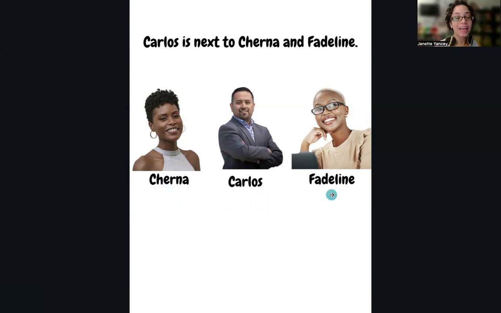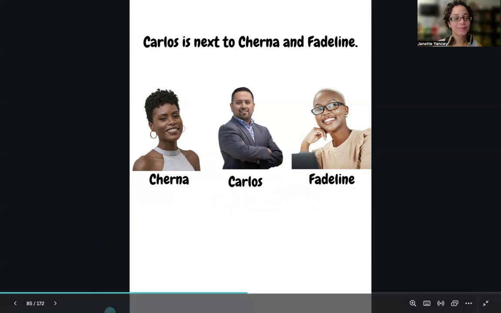Cherna and Fadeline are next to Carlos. Now you try. Cherna and Fadeline are next to Carlos.